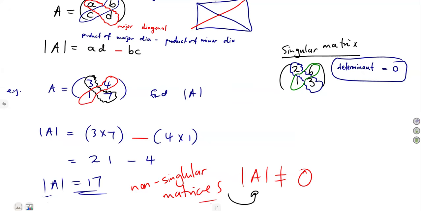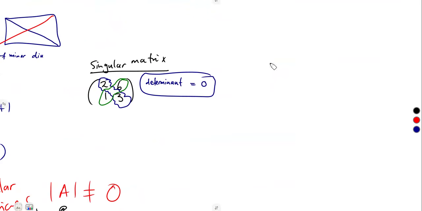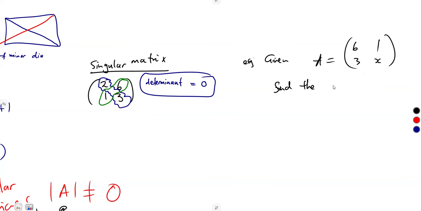You know, guys, for exam, they'll be just playing around with you. Given, for an example, matrix A is equal to 6, 1, then this is 3, and this is X. Then you are given this: find the value of X if A is singular.